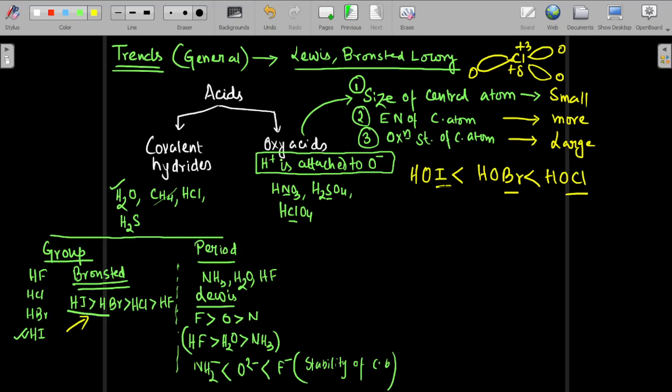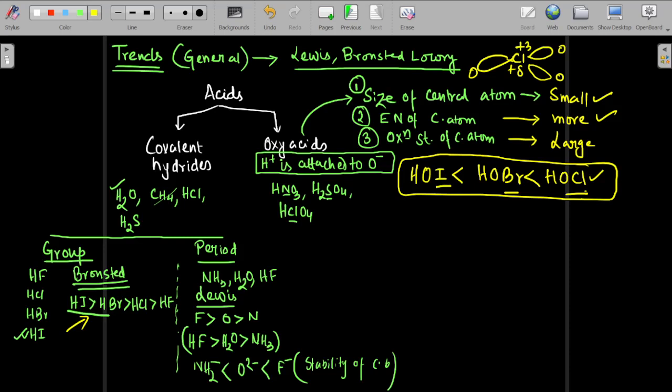Here, the difference maker is the non-metallic atom. So we can go for concept 1 or concept 2, electronegativity of the central atom, or size of the central atom. Here the size of the central atom is least and the electronegativity is the highest in the best acid. So these two concepts can be combined to solve this problem if given in an examination.